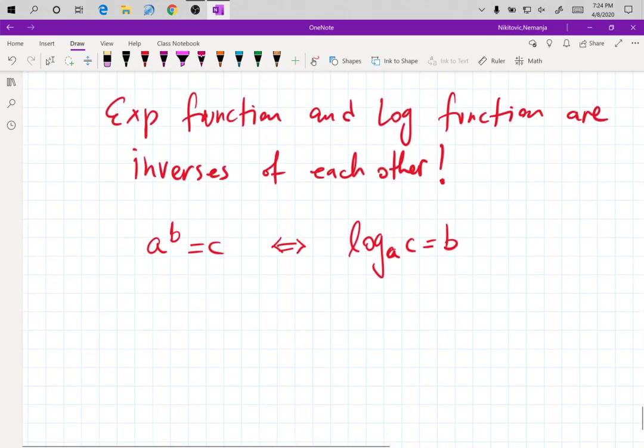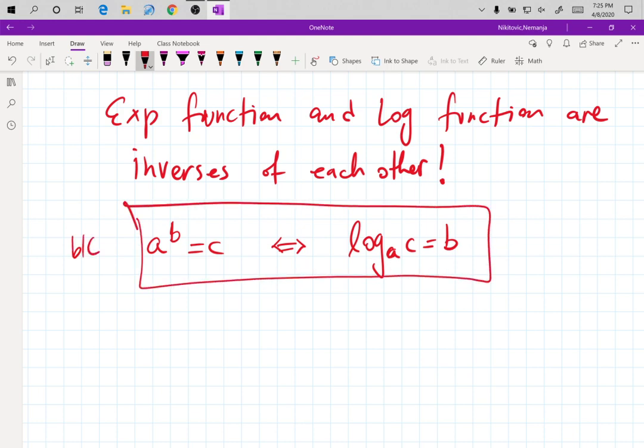All right, exponential function and logarithmic function are inverses of each other, and I'll just say because of this conversion, right? So what do I do with this?